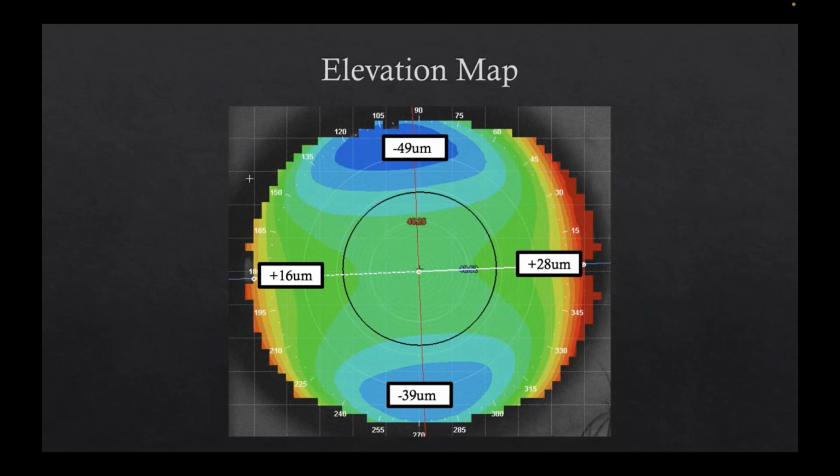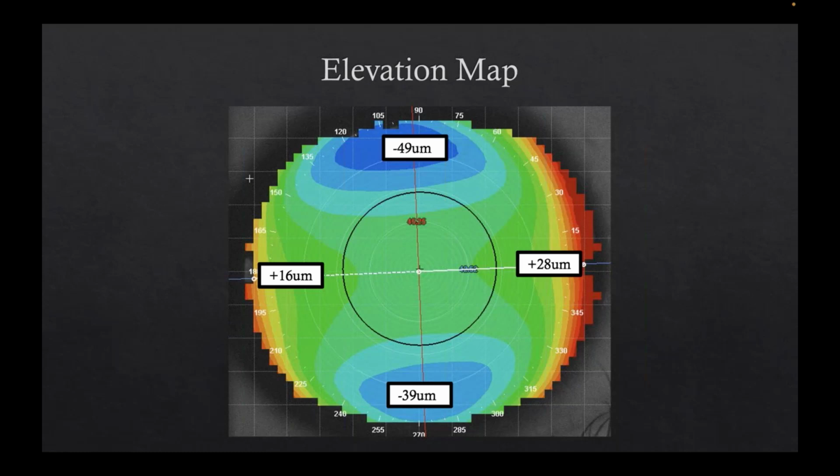And those numbers that you see, each one sits 4 millimeters from center. So in other words, at an 8 millimeter chord, or at 4 millimeter semichords, I want to know what the elevation is of that cornea.